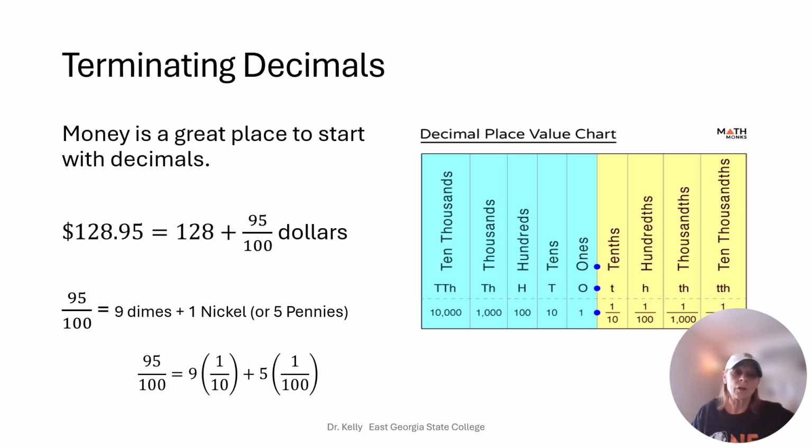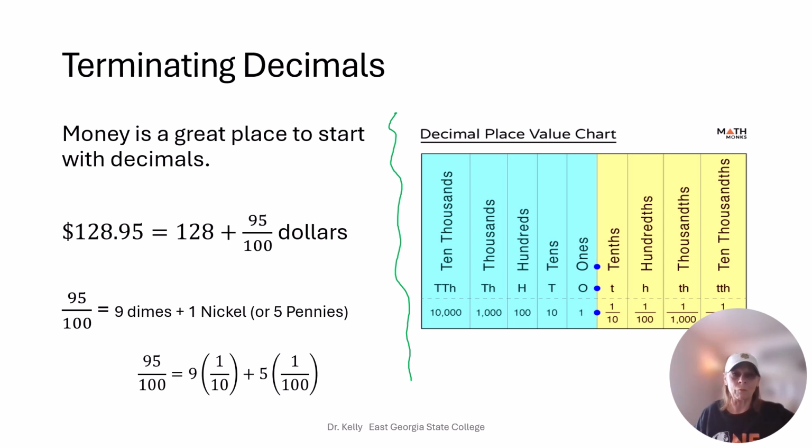Okay, so we'll talk about that more in a second, but over here I did add in this decimal place value chart, because I didn't want to write them all out. But you see what all the places here are, and this chart is very nice.